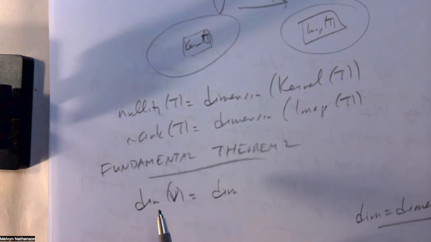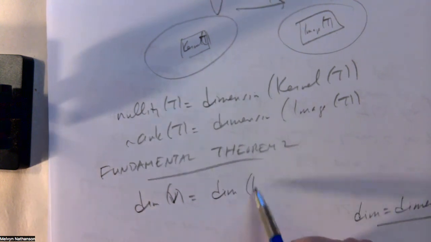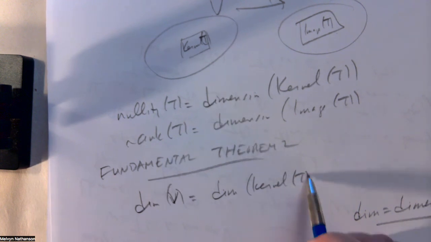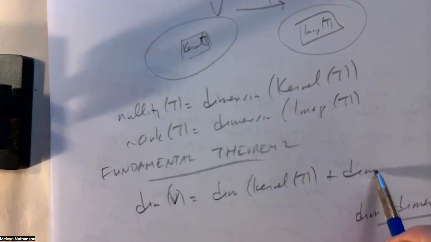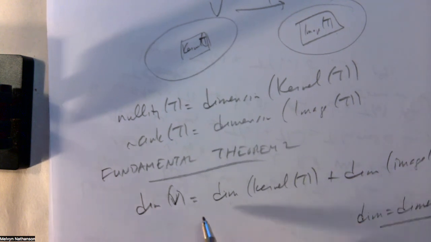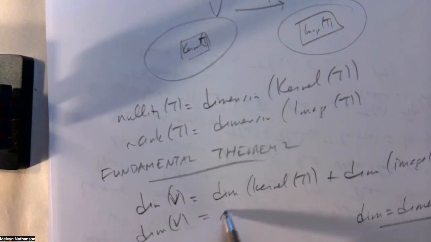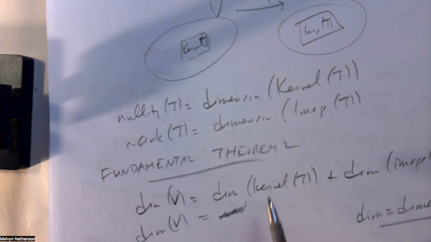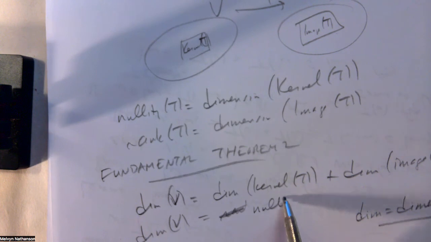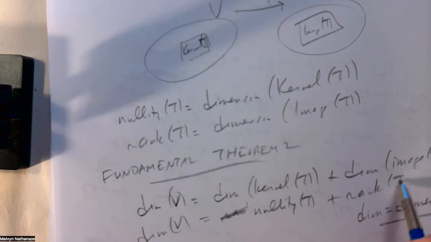So the dimension of V equals the dimension of the kernel of T plus the dimension of the image of T, or in other words, the dimension of V is the nullity of T plus the rank of T.